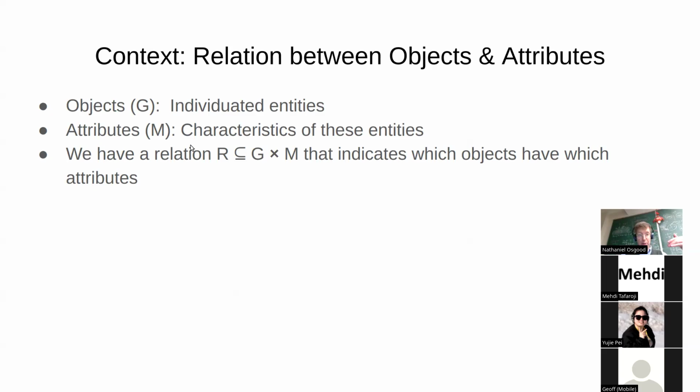And then there's attributes. These are characteristics of those entities, of those objects, right? So for long COVID, it might be the particular symptoms that they have. So a particular person is an object, and the attributes might be the symptoms they have.